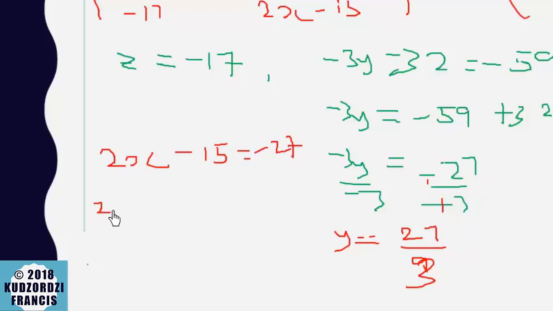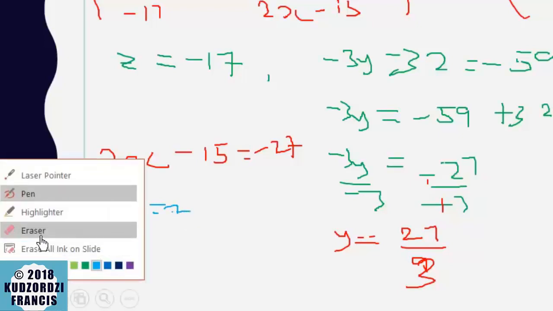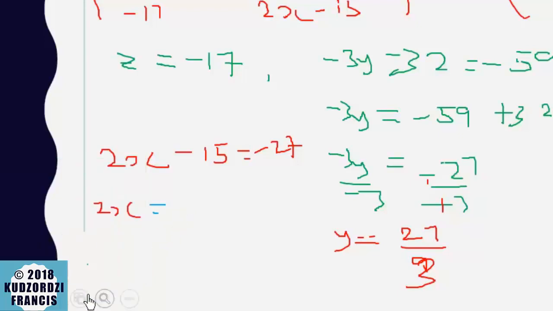So we solve for x, so we have 2x equal negative 27 plus 15.